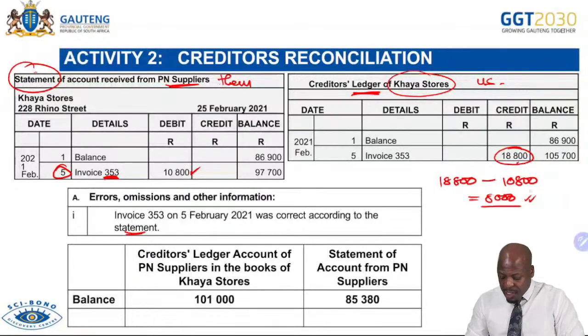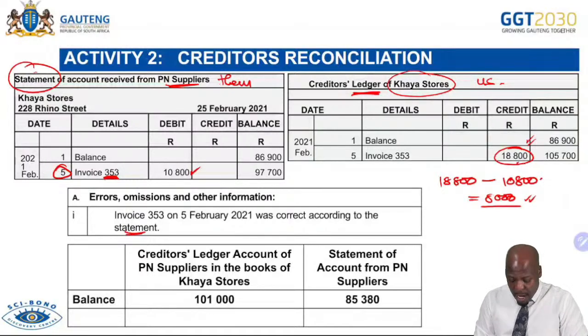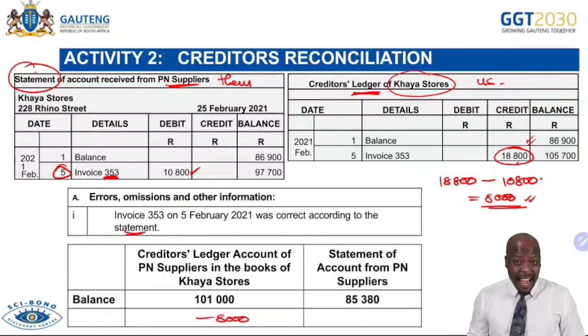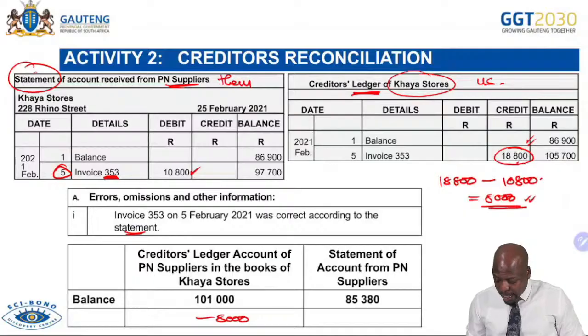On the ledger, it was 8,000 more because we recorded 18,000 instead of 10,000. So we come to the ledger and we now say minus 8,000. Why? Because the amount in the ledger is more. Okay, if we're ready, we're going to move on to the next one.